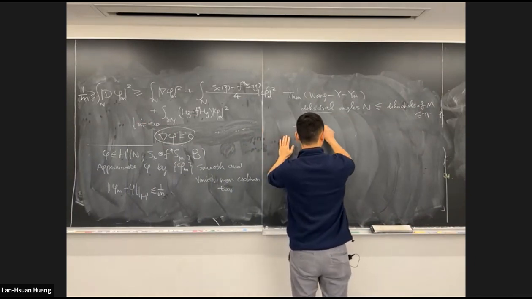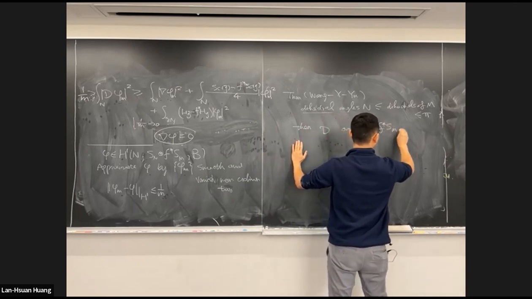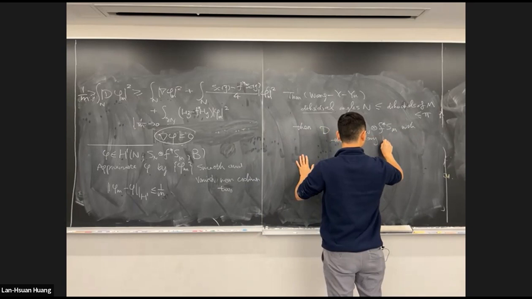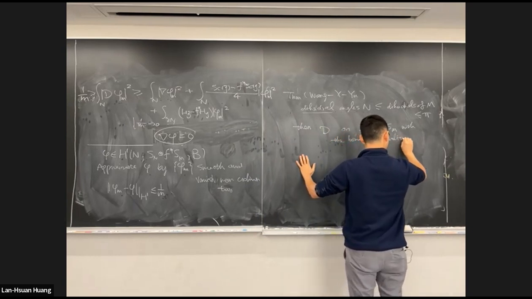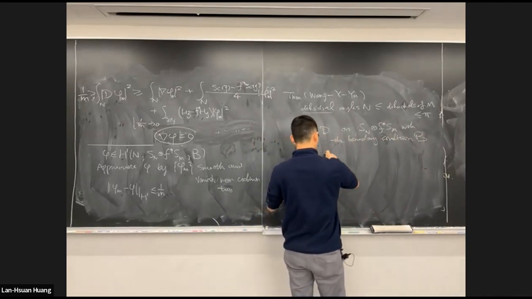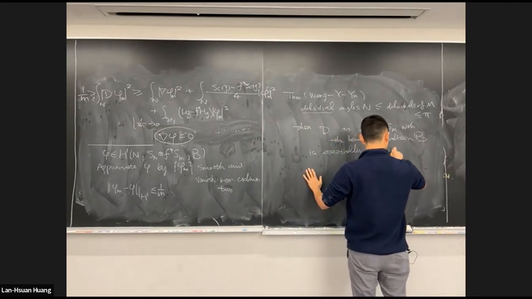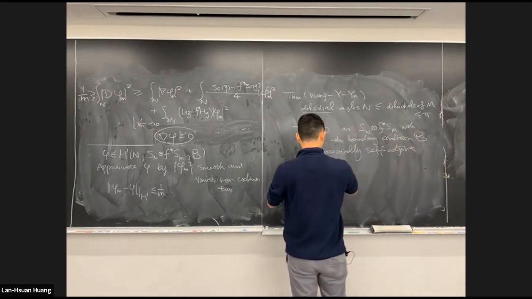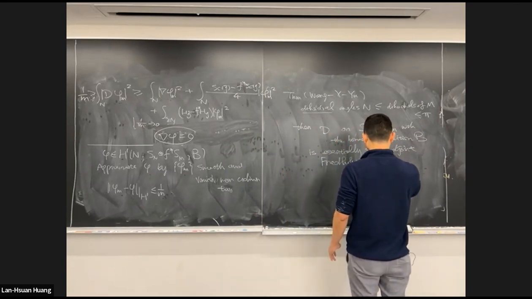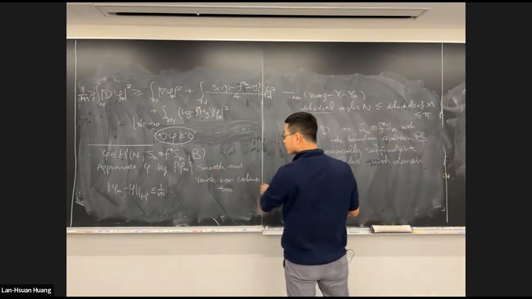Then this twisted Dirac operator on this bundle with the boundary condition B is essentially self-adjoint, Fredholm, with domain given by this.